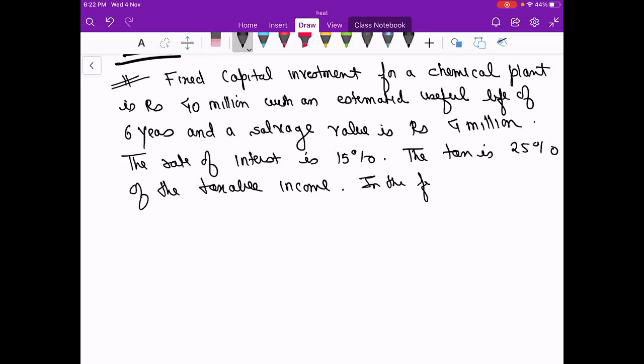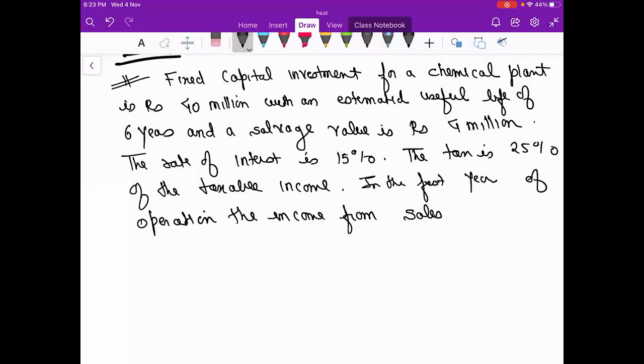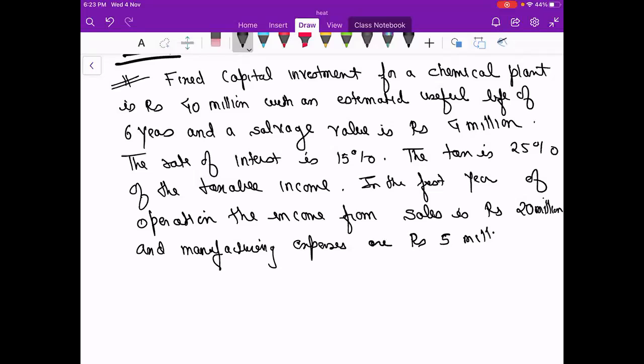In the first year of operation, the income from sales is rupees 20 million and manufacturing expenses are rupees 5 million.